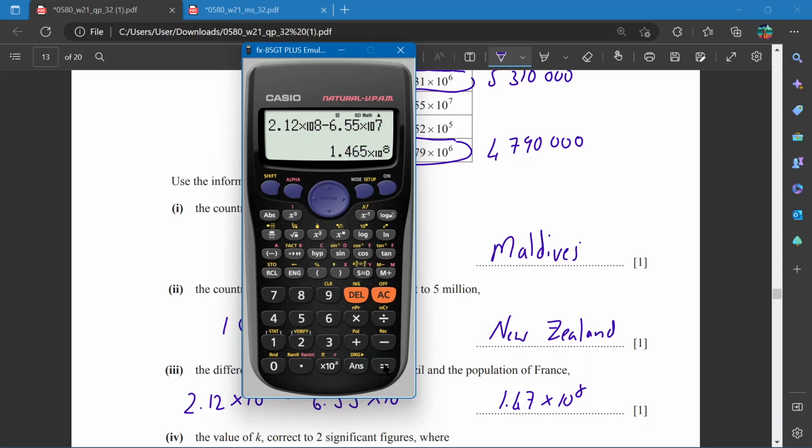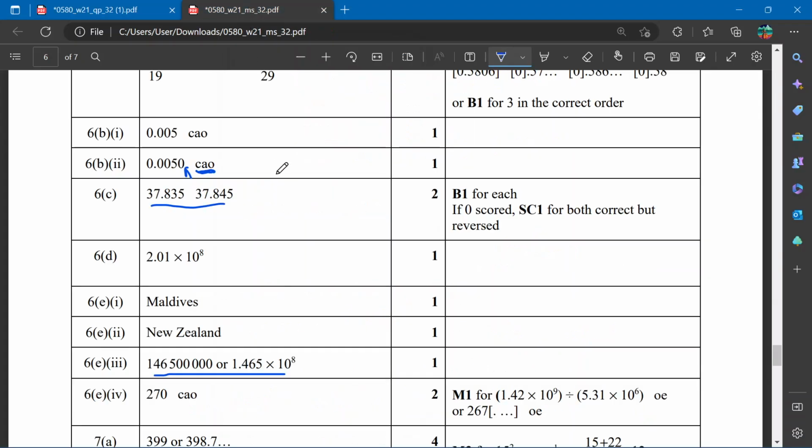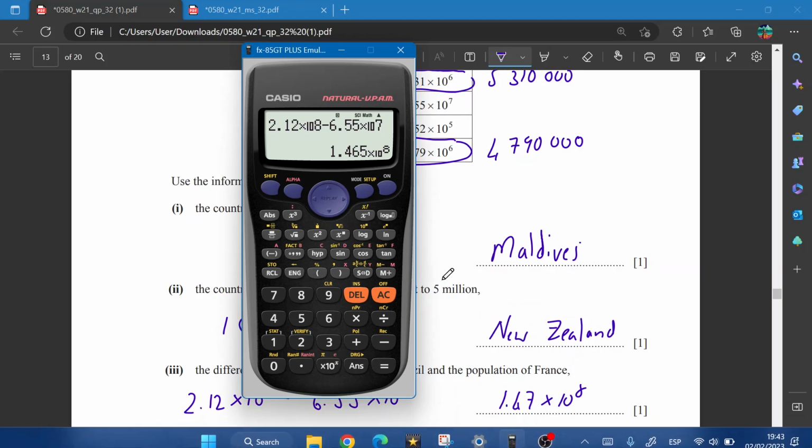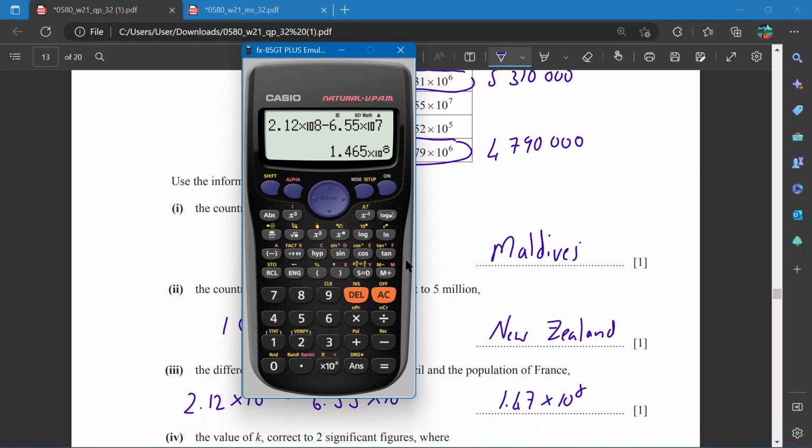If I would put 4, it would give us 4 significant figures. Question is, would they mark that correct? The mark scheme is not very clear on this. And I would say it's better to have more significant figures. So my recommendation is have more figures there.